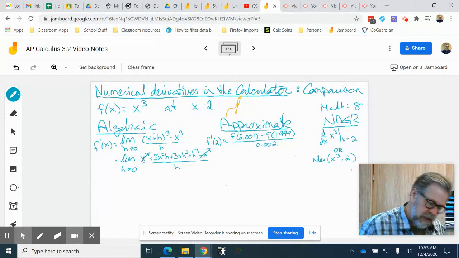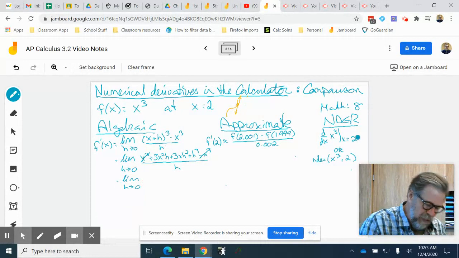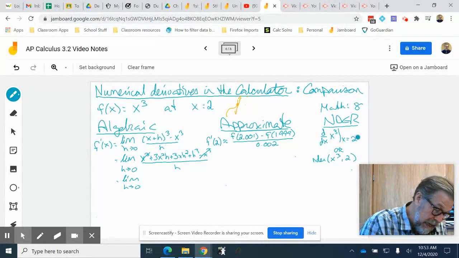X cubed minus x cubed, those cancel each other out, and I'm left with the limit as h goes to 0 of, and I'm just going to do some algebra here. Notice that I could factor out one of the h's and then reduce those to a 1. And so I'm left with 3x squared plus 3xh plus h squared.